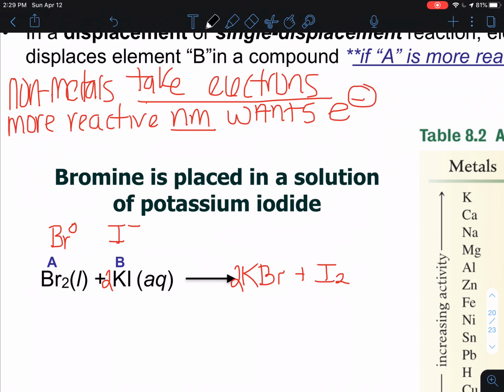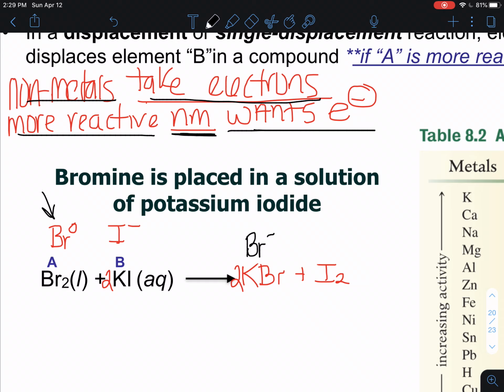So let's look at what's going on. Remember I said nonmetals take electrons, and the more reactive nonmetal wants electrons. Since bromine is more reactive, bromine started off with 0 charge on it. We can also call that an oxidation state, but it's a charge of 0. Now it is Br -1.